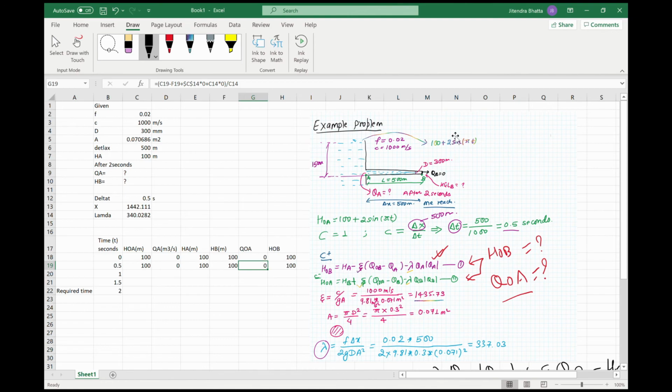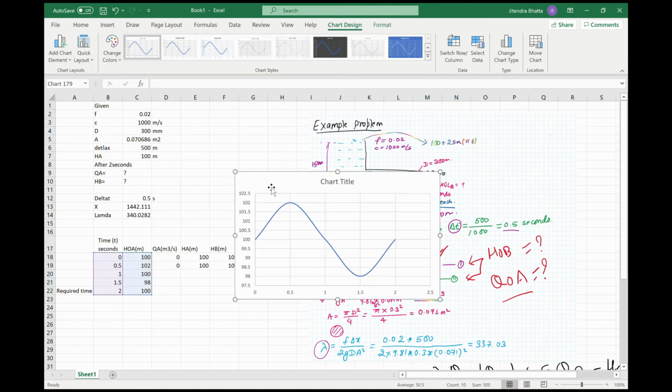So your head at A is given by this equation here, which is 100 plus 2 sine pi t. So this will be equal to 100 plus 2 times sine pi into time t. So this will be your head variation.